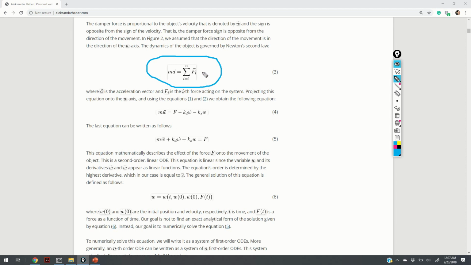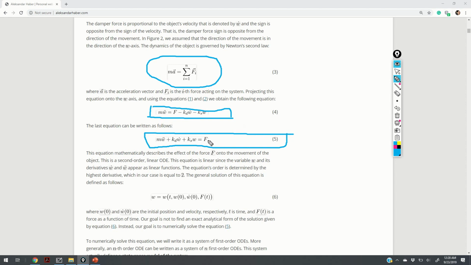By projecting the equation 3 onto the w-axis, we obtain the equation 4, which basically tells us in 1 dimension how the dynamics of the system behave. Now, by substituting the damper and spring forces and manipulating this equation a bit, we obtain the equation 5. So the equation 5 is a basic equation describing the system dynamics.